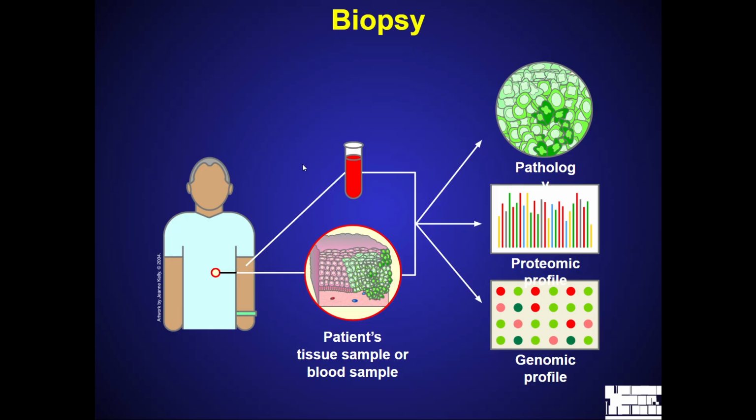It's important to note that for leukemias, a blood sample would serve the same purpose, because leukemia is a white blood cell cancer. So through this examination, the doctor can tell if a tumor is present and whether it's cancer or not, so malignant or benign.